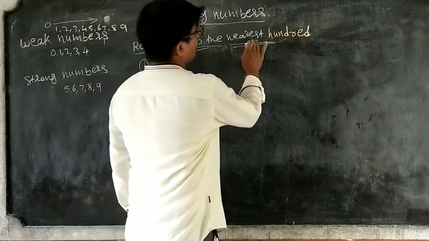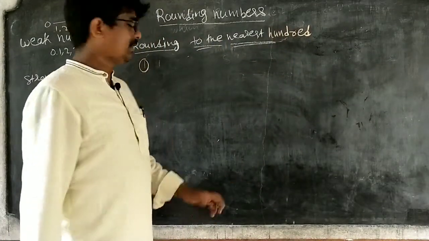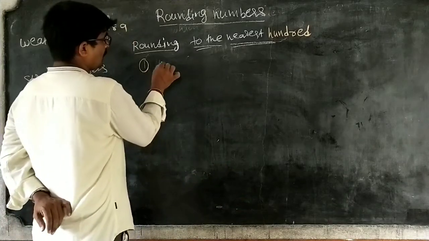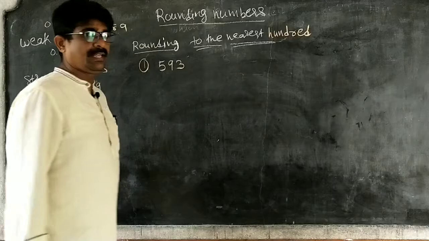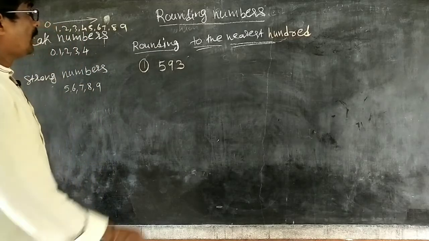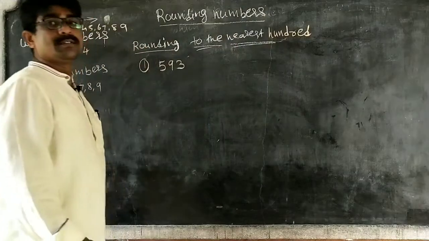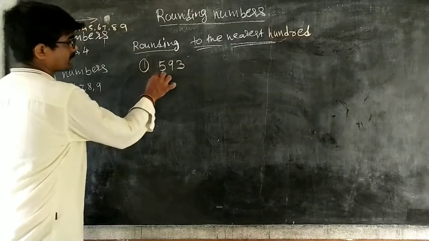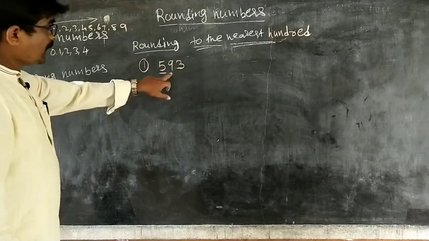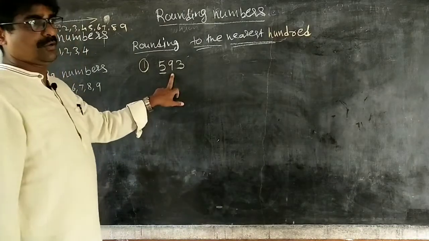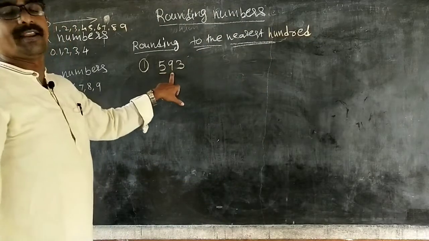Rounding to the nearest 100. For example, take 593. Rounding to the nearest 100, we take the hundreds place, 5 and then observe the tens place, the place before the ones. In the tens place you have 9.